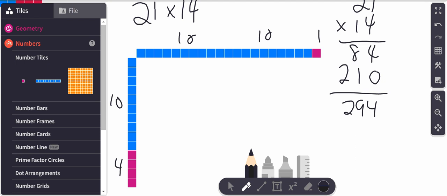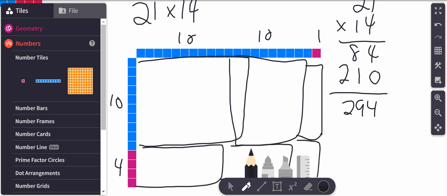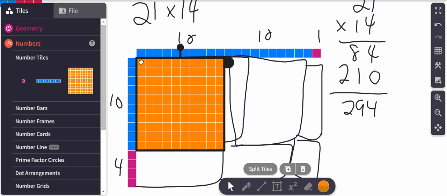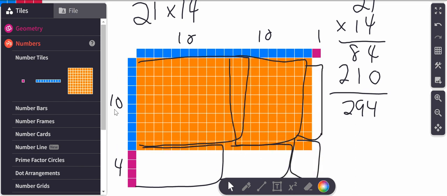Okay, now I can see my area model of a 10 by 10, a 10 by 10, and I didn't draw that well. That's okay. A 10 by 4, a 10 by 4, a 1 by 10, and a 1 by 4. So now I have a series of sections that are area sections. So my 10 by 10 ends up here. My other 10 by 10 ends up there.